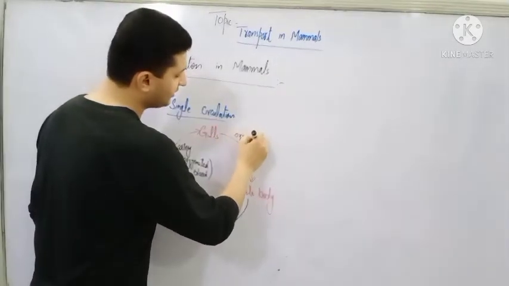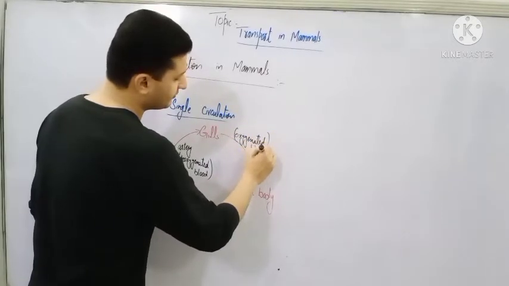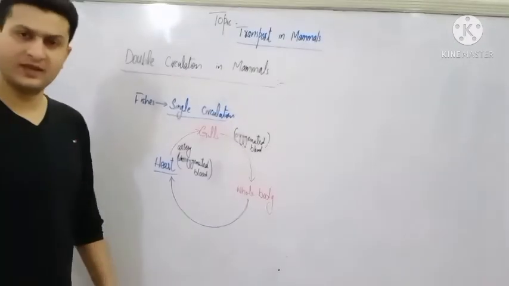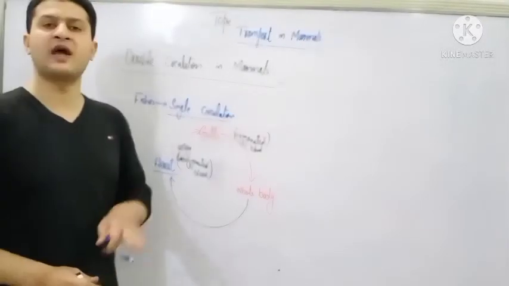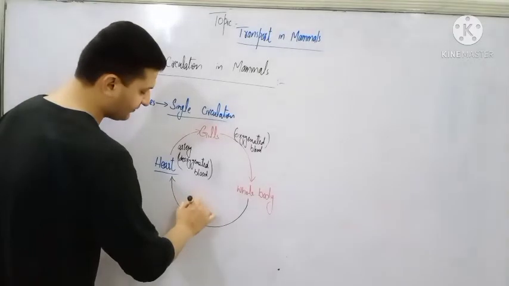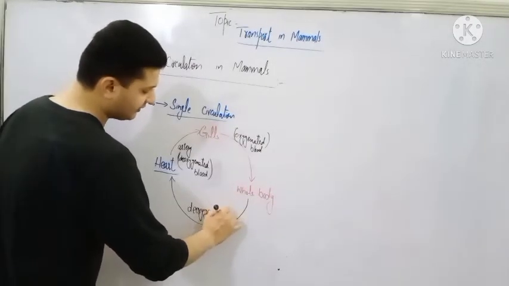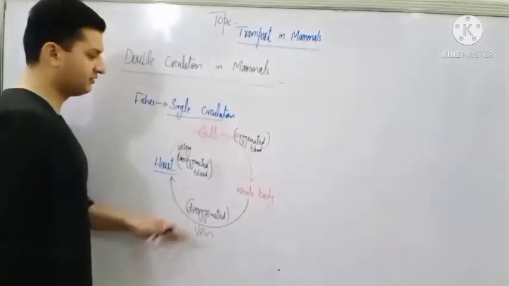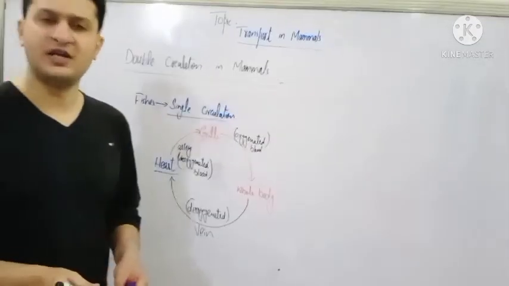Now this is the oxygenated blood which is transported to the whole body, and when oxygen is given to the whole body organs in the fishes, the blood again becomes deoxygenated, and this deoxygenated blood through the veins again comes to the heart, and this cycle continues.